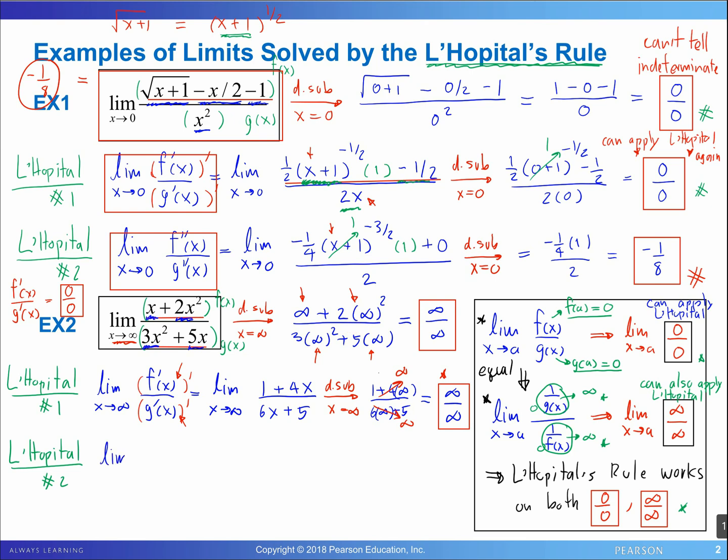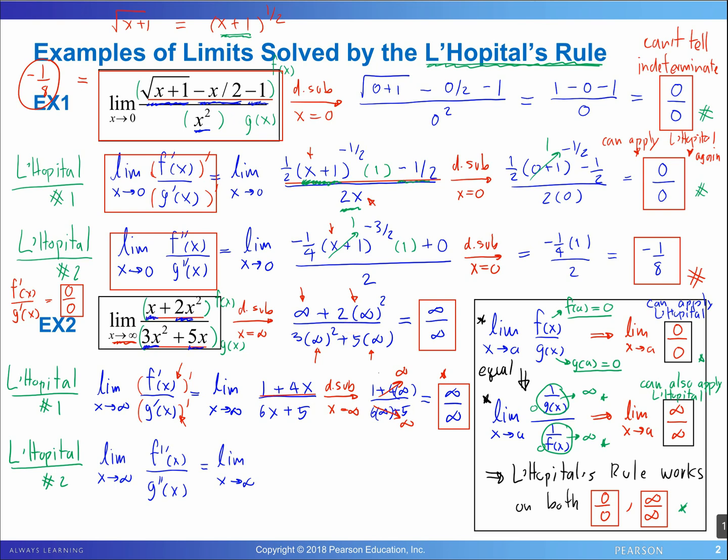Limit, when x goes to infinity, you diff f prime, you get f double prime. f double prime of x divided by, you diff g prime, you get g double prime. g double prime of x equal to, now we keep the limit. x goes to infinity. Now we need to diff these terms.